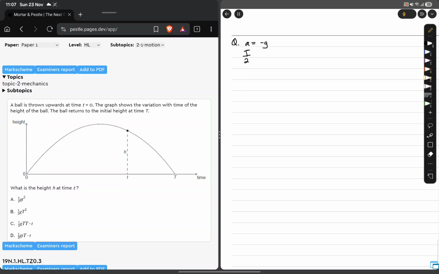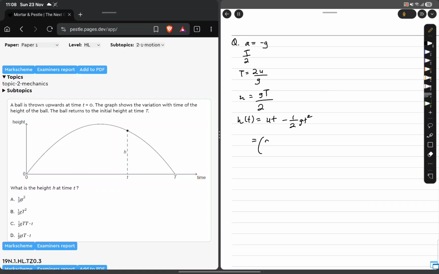Initial speed u can be found from the time of flight, aka t, and then for an object thrown upward and landing at the same height, t is 2u over g, which means that u, the initial, is gravity times t over 2. And then we're going to use the free fall kinematic equation. So for the height at time t, it is ut minus, since gravity is negative, half g t squared.